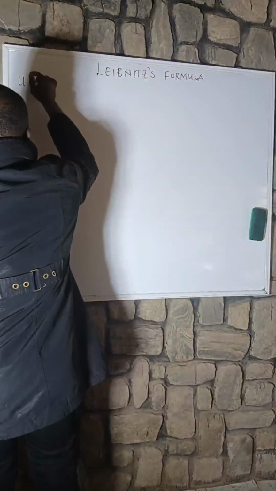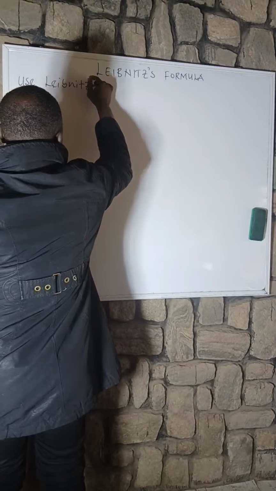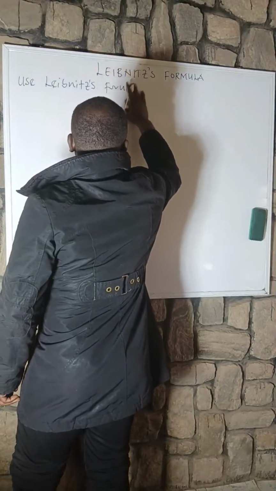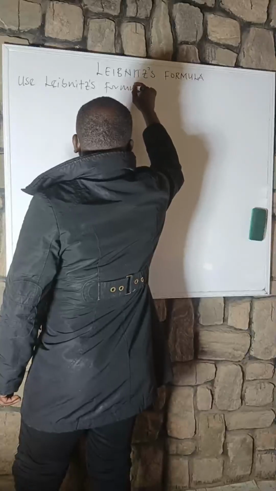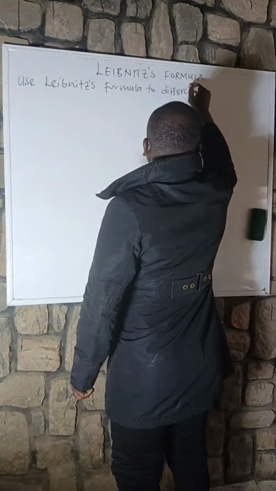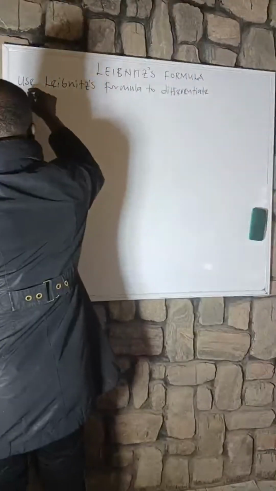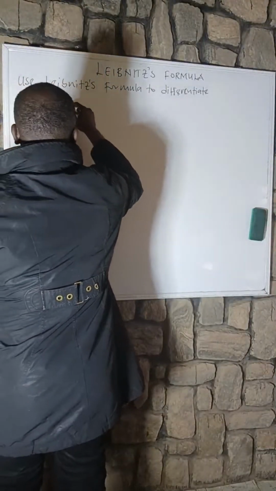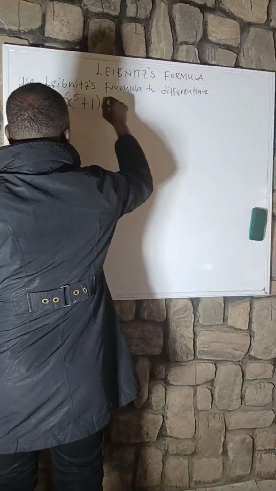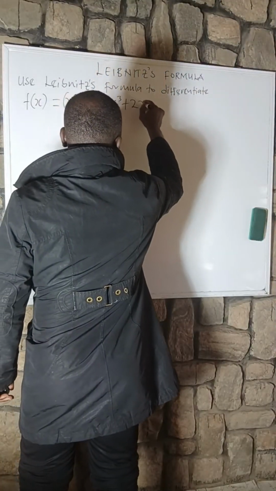Use Leibniz formula to differentiate f of x equals to, what is the function, x raised to power 5 plus 1 times x squared, x raised to power 3 plus 2x squared.